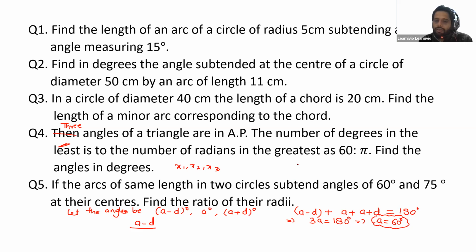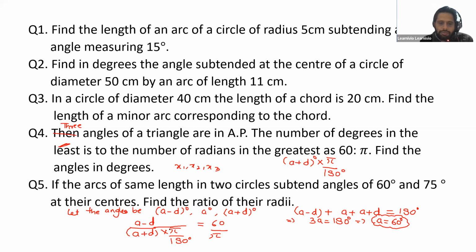Now this is degree. How can we convert this a plus d degree into radian? We can multiply with pi by 180. Yes, sir. Okay, so we will write like this: a minus d by a plus d into pi by 180. Okay. This is equal to what? 60 by pi. I don't have so much space.